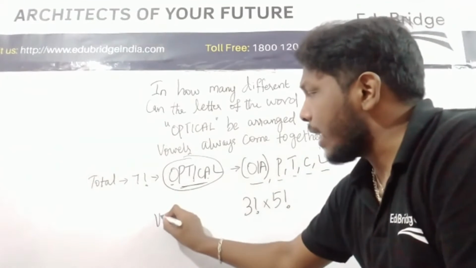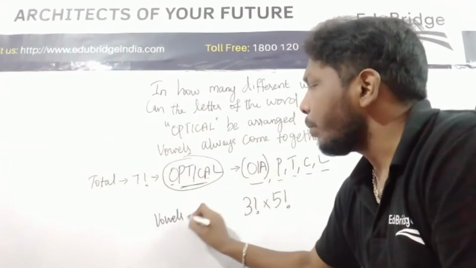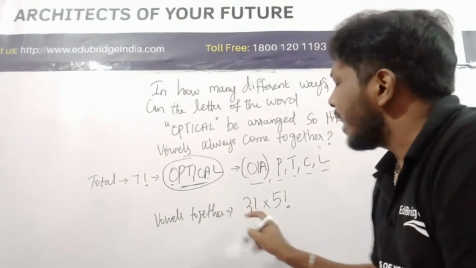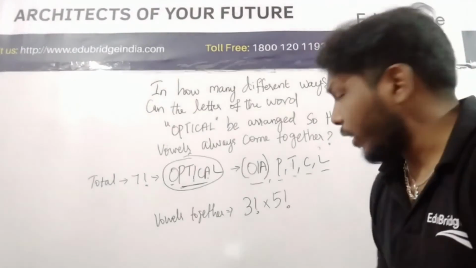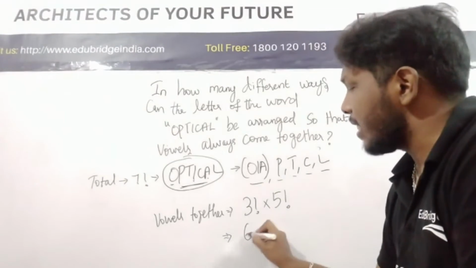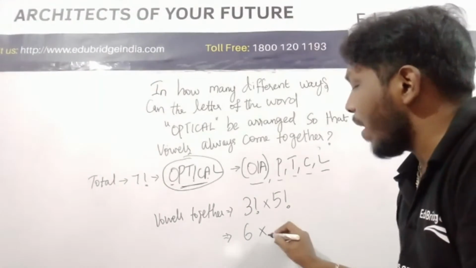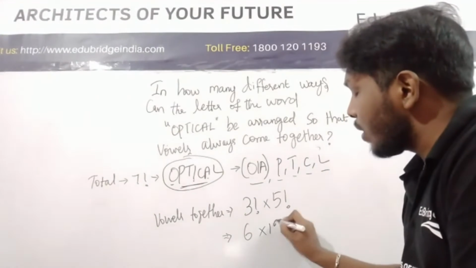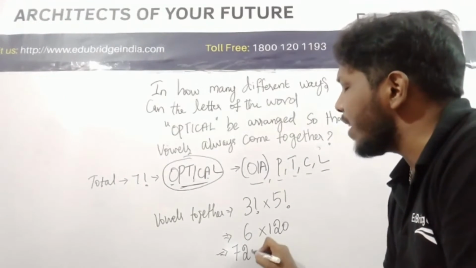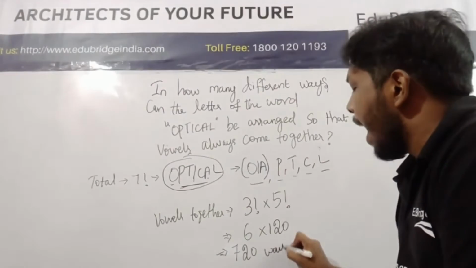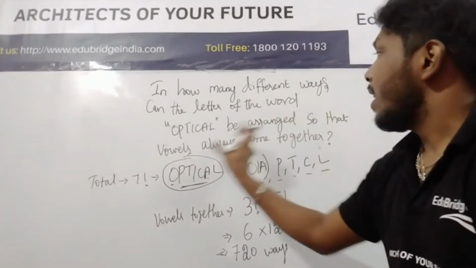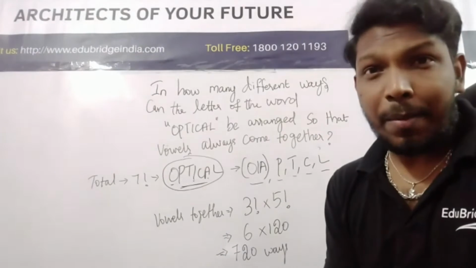So vowels together is 3 factorial into 5 factorial. 3 factorial is 6, that is 3 into 2, and 5 factorial is 120. So 6 into 120, my answer is 720 ways I can arrange the word optical so that the vowels always come together.